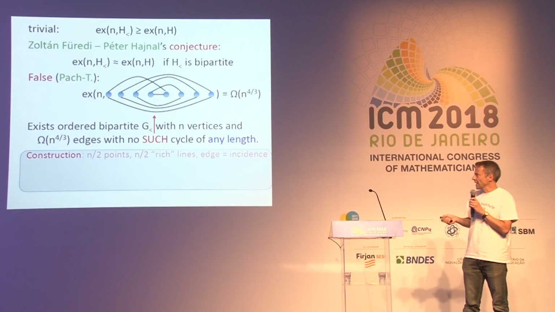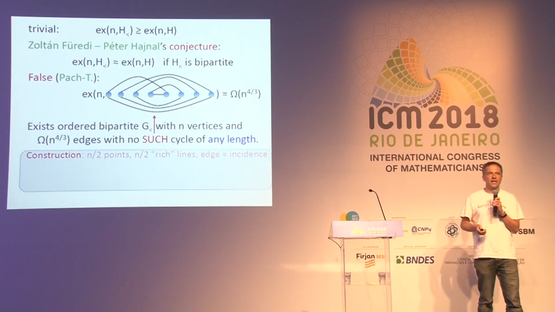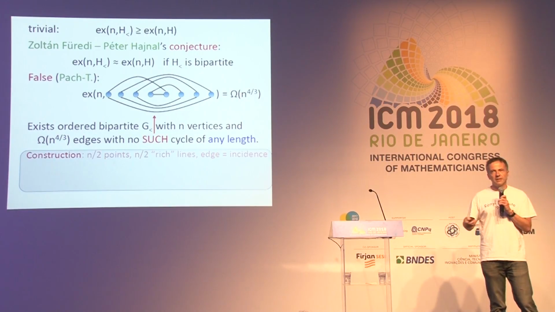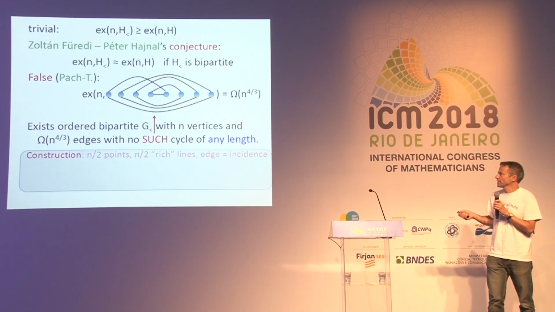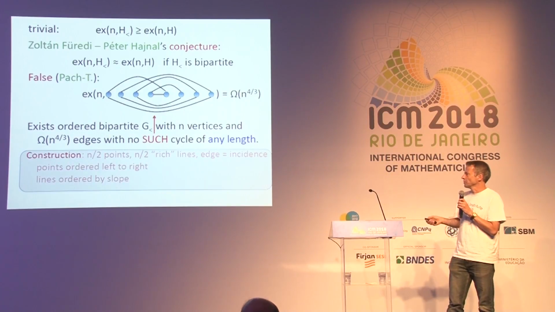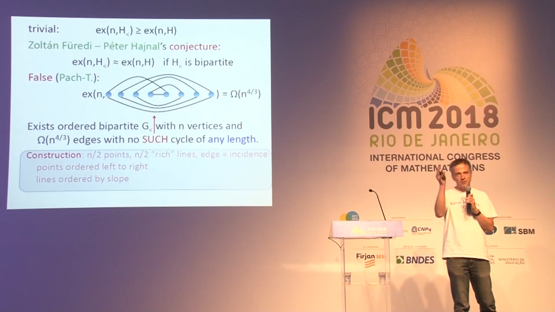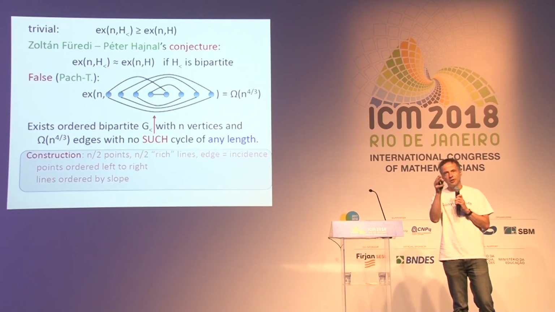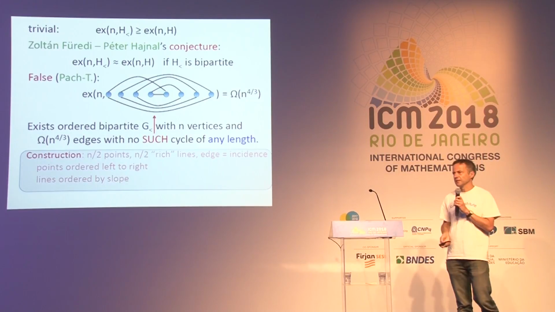Now, that graph will have long cycles like this, a lot of them. So everything depends on the ordering. If you order them right, then this particular ordered cycle will not show up. And this is how to order them. You order the points left to right. So you specify a vertical direction, and relative to that, you order points left to right.